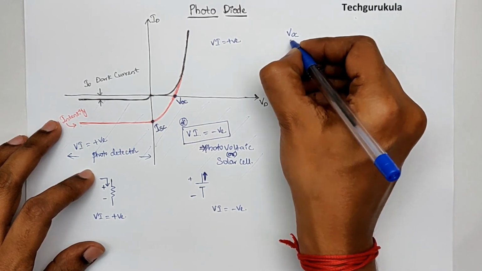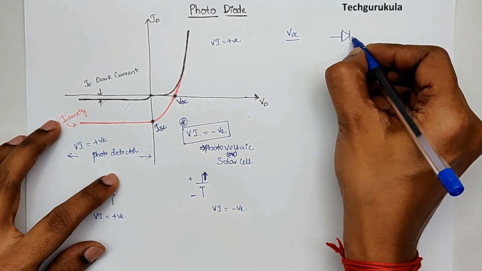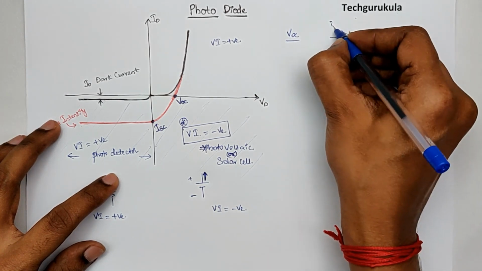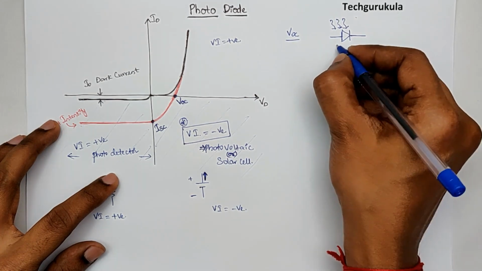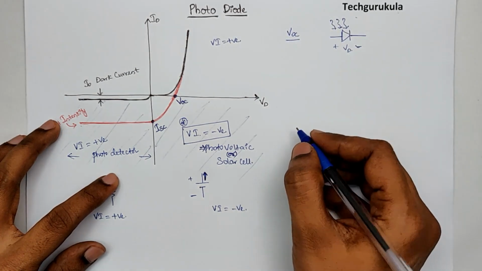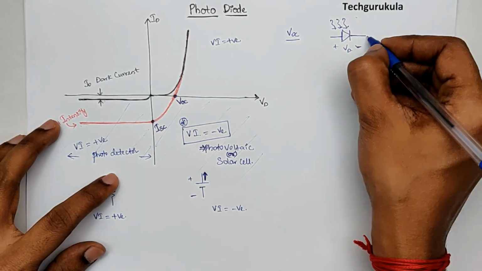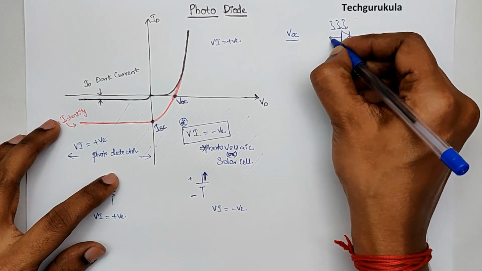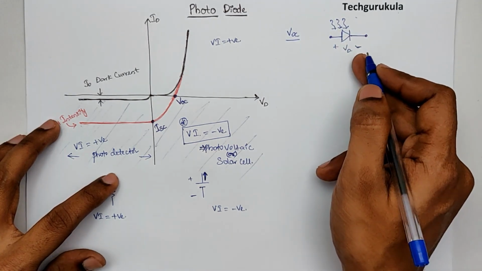So coming to VOC, where the diode is actually open circuited, but there is incident light, in which case our reference was positive, negative, this is VD. We are going to measure some potential here, not 0. So even when it is open, when light is incident, we will measure potential.